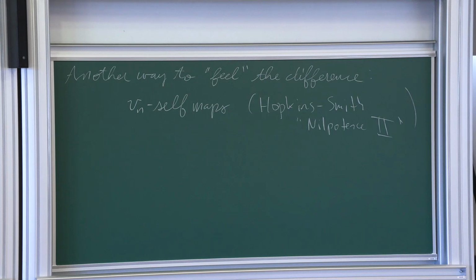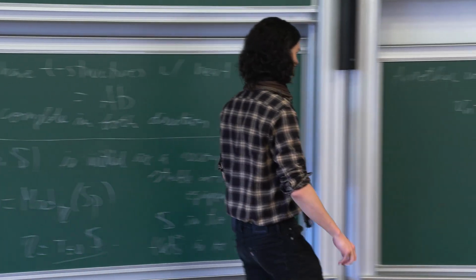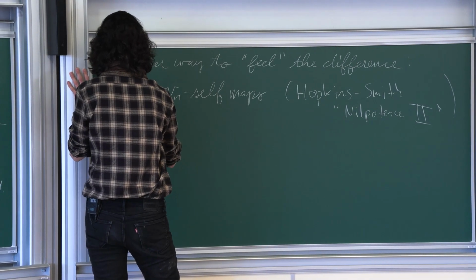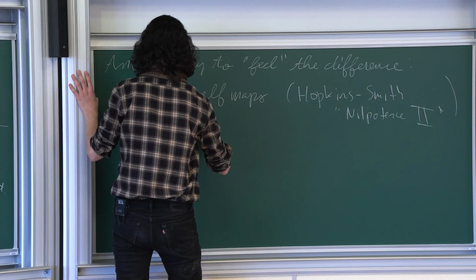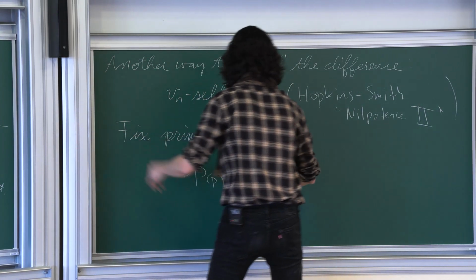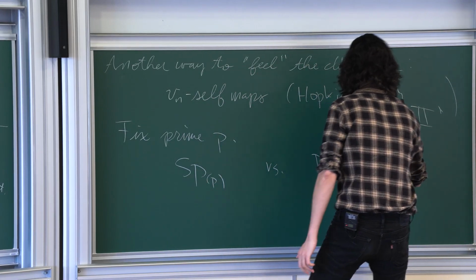First of all, there's something you can do on either side of this analogy, which is you can fix a prime p, and then you can consider not spectra, but p-local spectra, and you can look at the derived category of p-local abelian groups.